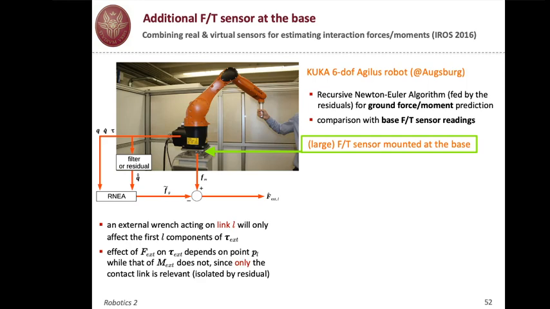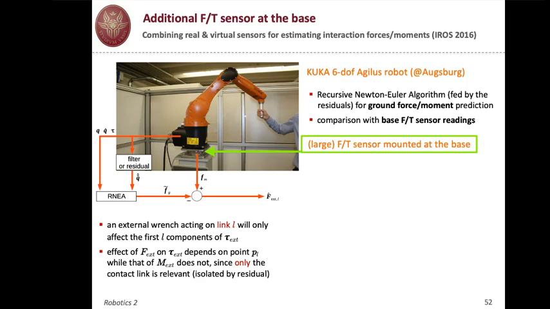And looking at the force and the momentum, the moments, we see that the moments do not depend on the point of application, so only the link which is in contact is relevant, and this can be isolated by the information of the residual, while the force changes depending on the application point.